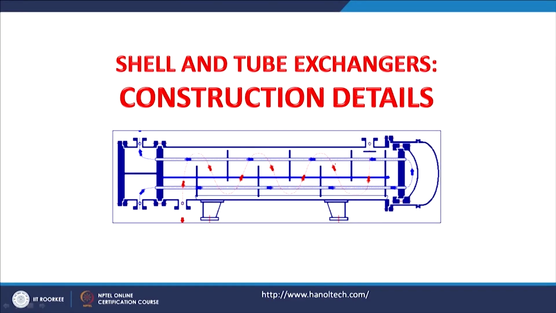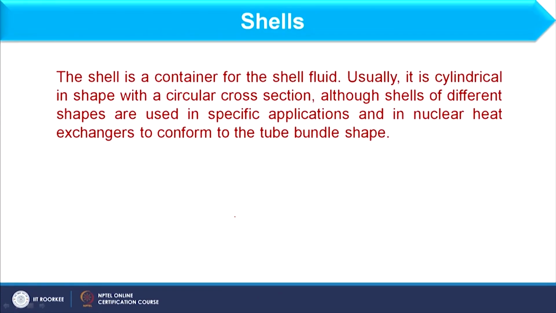So if you see the constructional details of a shell and tube heat exchanger, we are basically going to discuss the shell side of shell and tube exchanger and how the construction is made in the shell side. So before starting that, we will first define what a shell is.